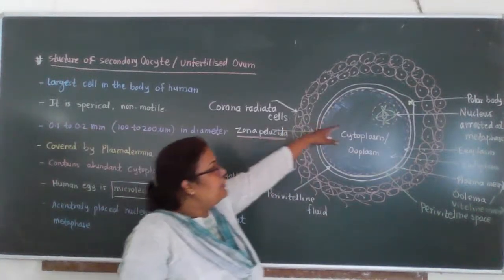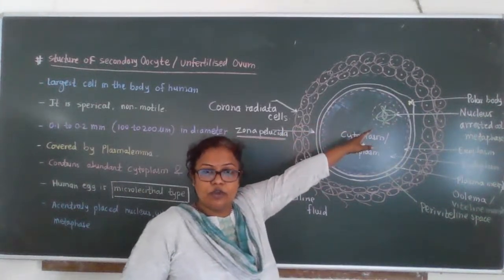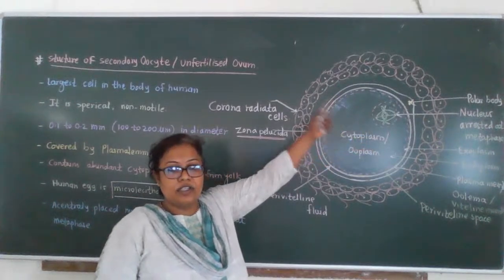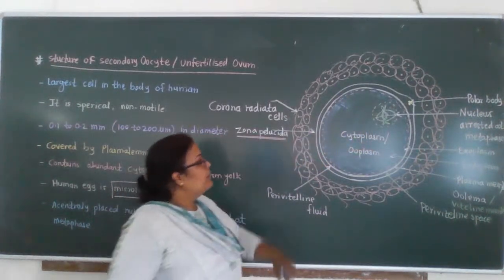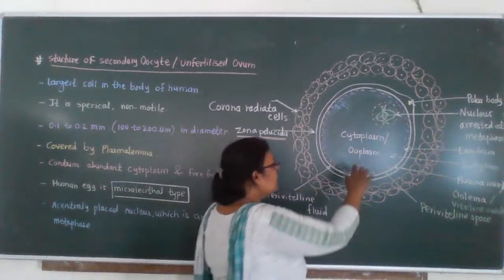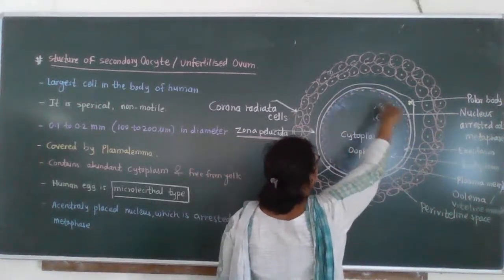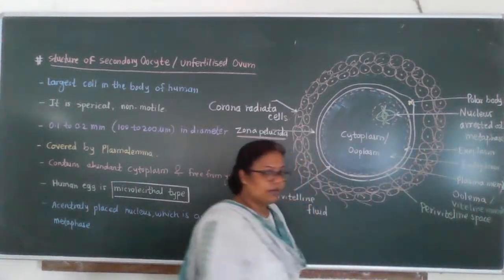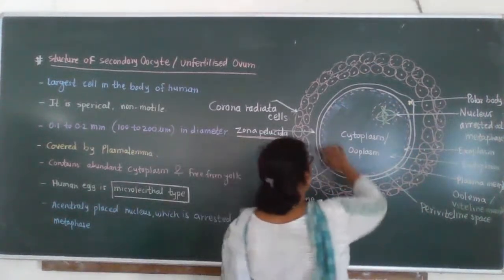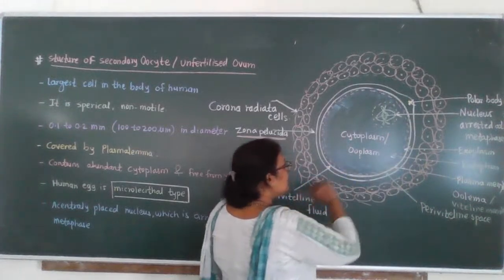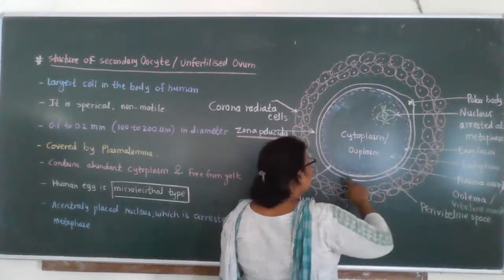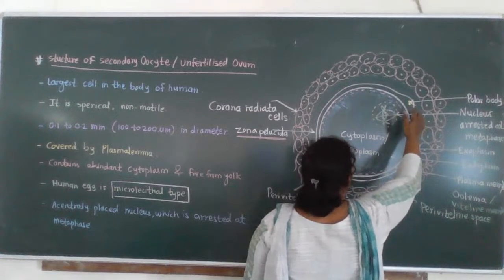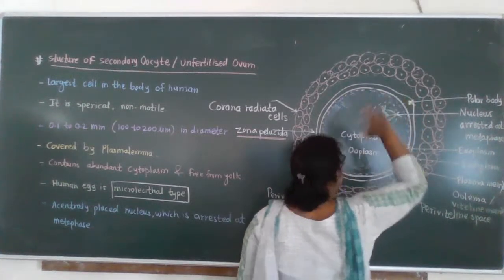When the nucleus completes all its division, then we will call it an ovum, right? Then this cytoplasm is covered by the oolemma or plasma membrane or vitelline membrane, right? Just around it there is a perivitelline space which contains perivitelline fluid, and in the perivitelline space there is a polar body.